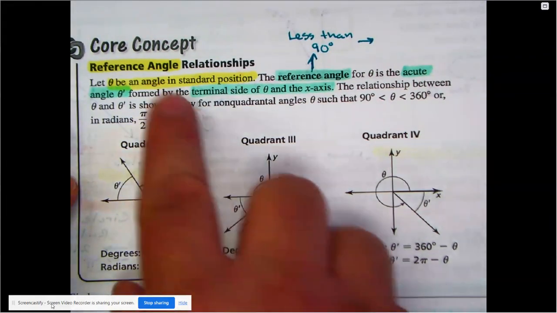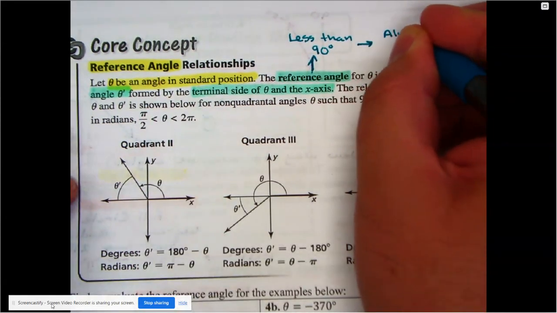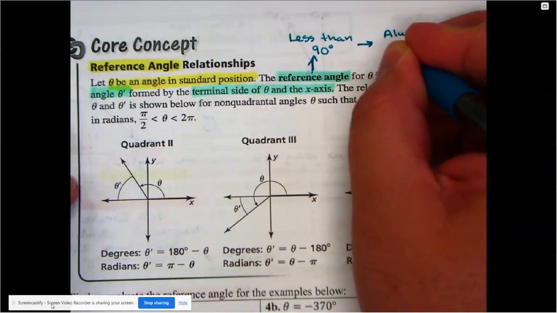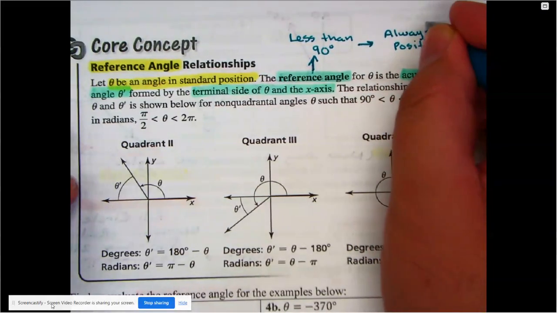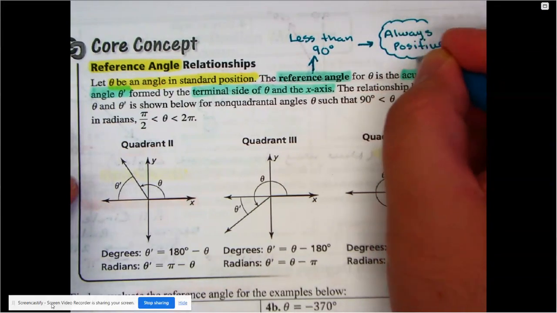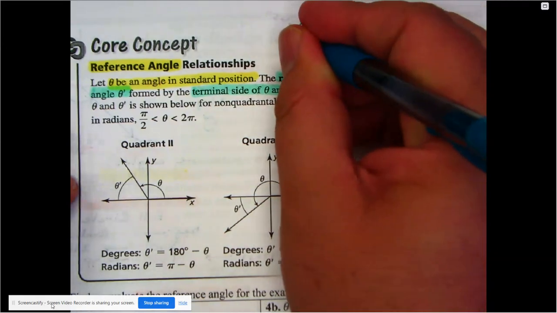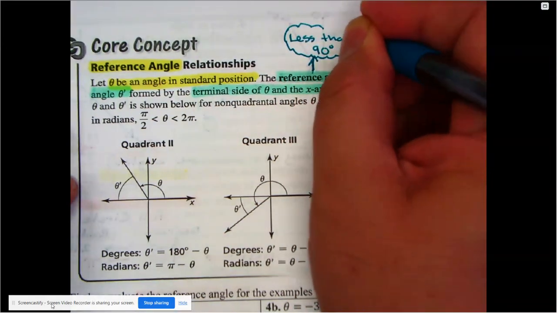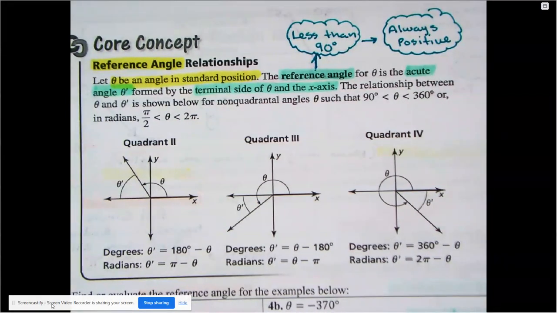But when it comes to a reference angle, it's always positive. Think about taking the absolute value if you need to, but that's the key. It's always going to be a positive number. And yes, it has to be less than 90. So there's two things we got to watch out for when we're talking about a reference angle.